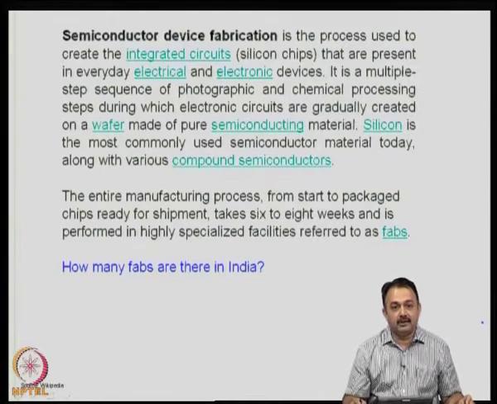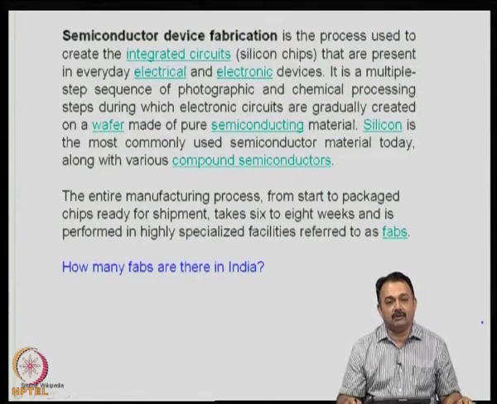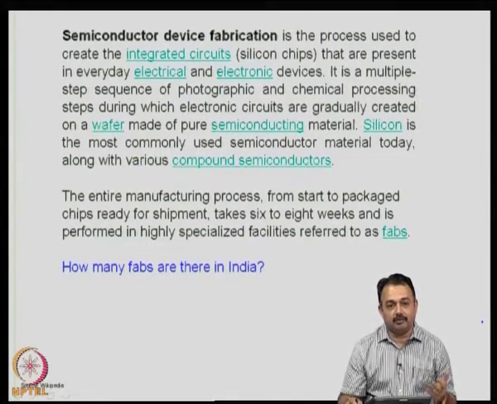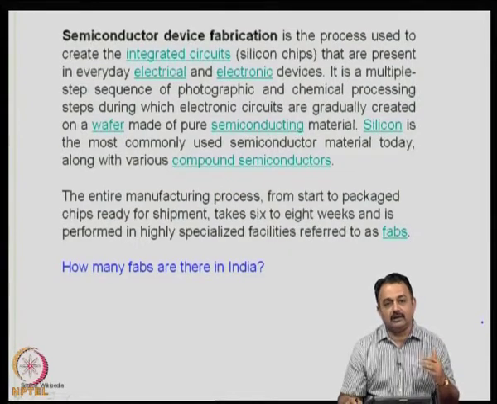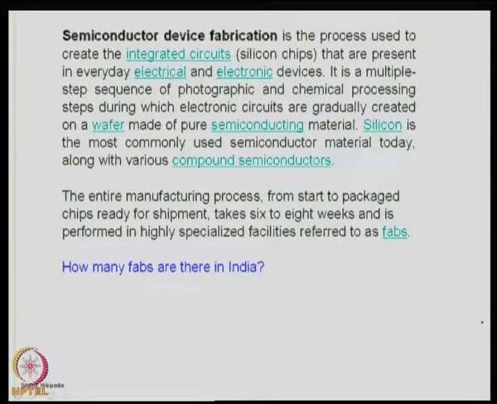It is a multiple step process or a sequence of photographic followed by chemical processing steps, during which process the electronic circuits are gradually created on a wafer made of pure semiconducting material. It can be silicon or it can be compound semiconductors also, but silicon is the most commonly used semiconductor material today, along with various compound semiconductors.